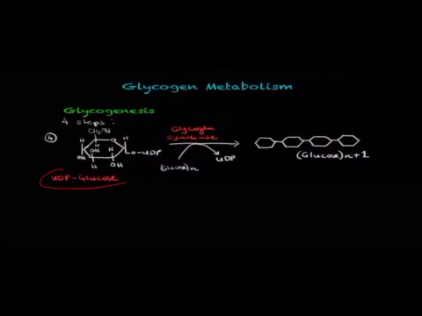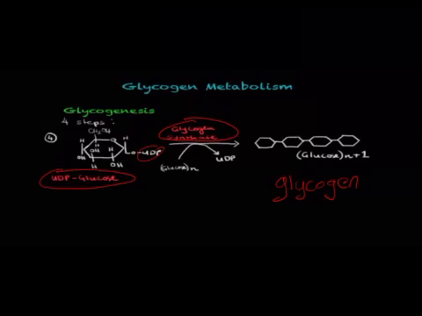Now in our fourth, we have our UDP glucose. At this point, we have UDP added on to glucose, and we want to put it on our growing glycogen molecule here. And so we're going to use an enzyme called glycogen synthase. And what that's going to do is it's going to take the UDP off of our glucose molecule.